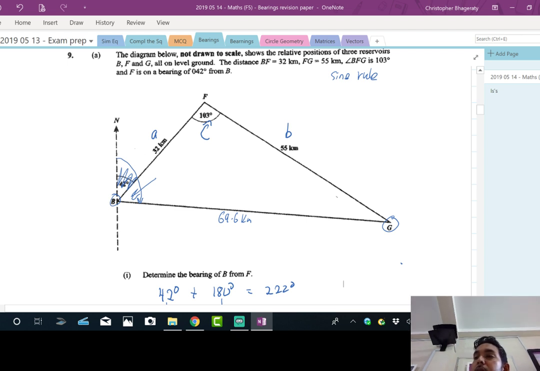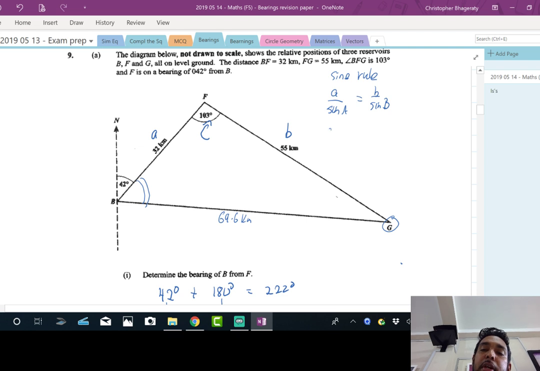All right. So sine rule is a over sine a equal to b over sine b. Now my thing is, if you are looking for an angle, which is what we are looking for here, this angle down in the corner, what you can do is simply invert the sine rule. It makes it a bit easier in my opinion. Now you don't have to.